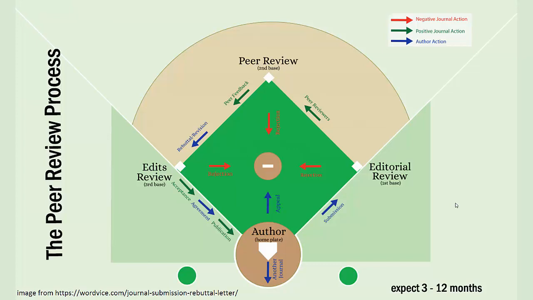And so anywhere along this process, there could be rejection notices that come. But if you get around third base, the authors have resubmitted it, the journal has accepted it, there are some agreements made, and then the publication process, getting it out formally into the journal, that's all done.